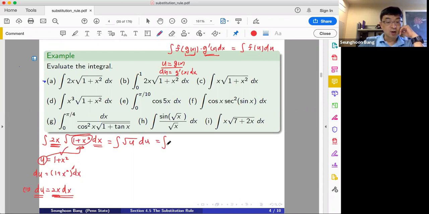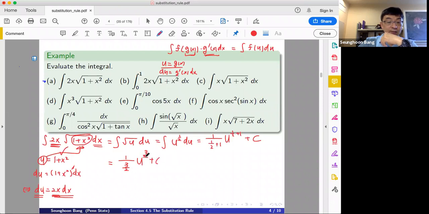This is the integral of u to the 1 over 2, changed to power form, du. You need to find the antiderivative: u to the 1 over 2 plus 1, over 1 over 2 plus 1, plus c, exactly the power rule. To simplify, 1 over 2 plus 1 is 3 over 2, so u to the 3 over 2 over 3 over 2 plus c.